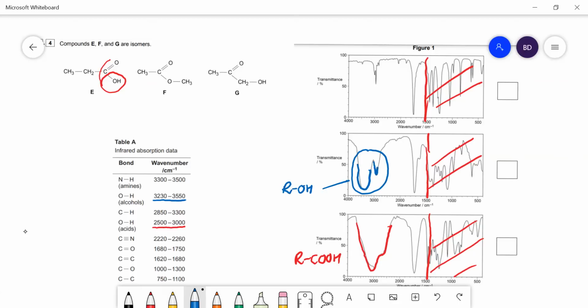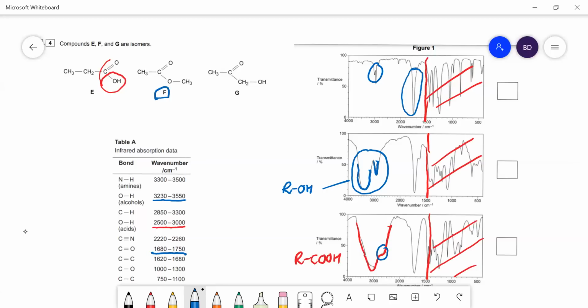Incidentally, that little squiggle there is the CH peak, as they've all got CHs in them. You see the CH peak is up there in that one. In the carboxylic acid, the CH peak kind of gets swallowed up. So we've got the alcohol and the carboxylic acid, and the last one must be F, which is the ester. Just to double check, what's this here? Well, that is due to the carbonyl.